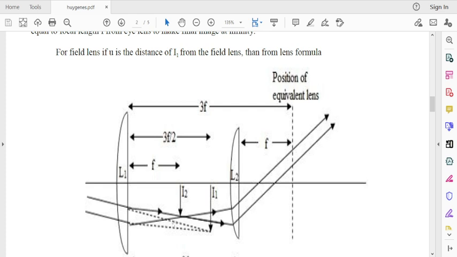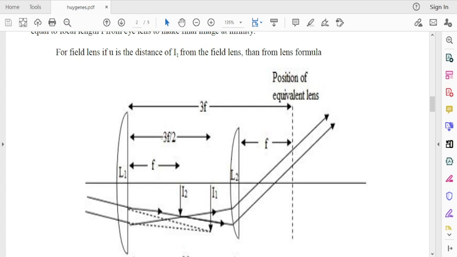Hence for the field lens u equals minus 3f/2. That is by the calculations for the cross wires.